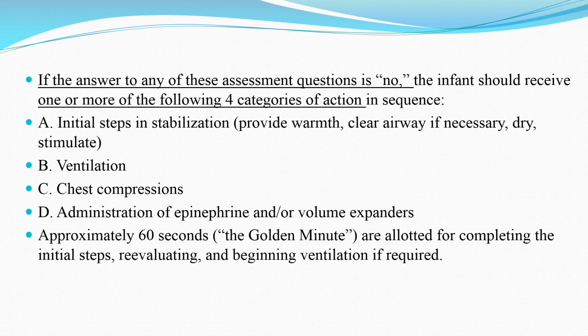This is the sequence of resuscitation that babies might require. Approximately 60 seconds, called the golden minute, is allotted for completing the initial steps of resuscitation, reevaluation, and beginning ventilation if the baby is not taking breath properly.